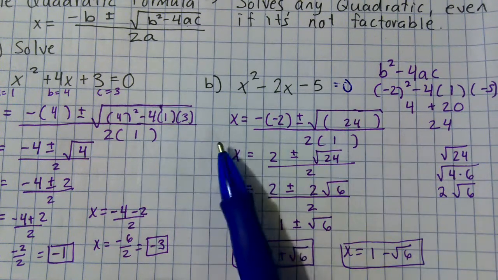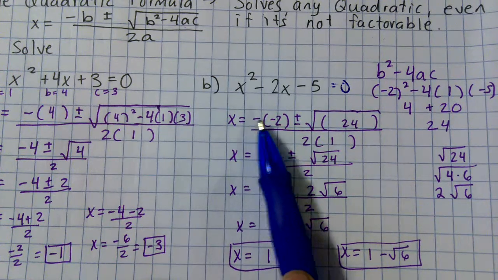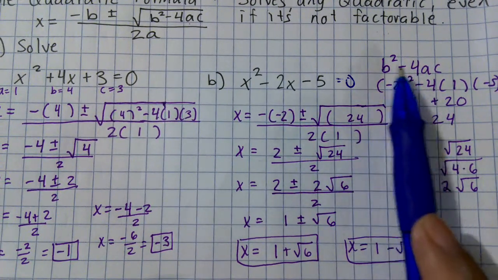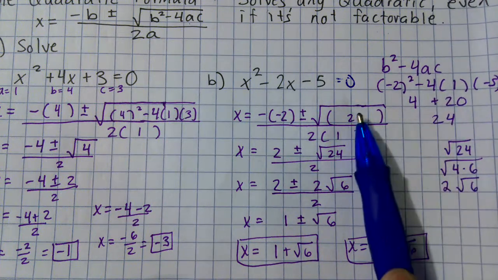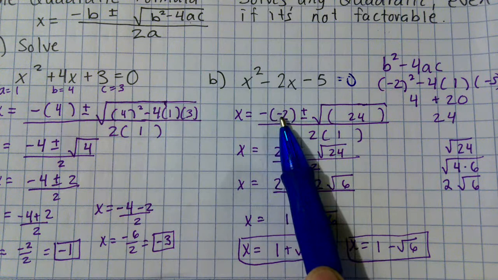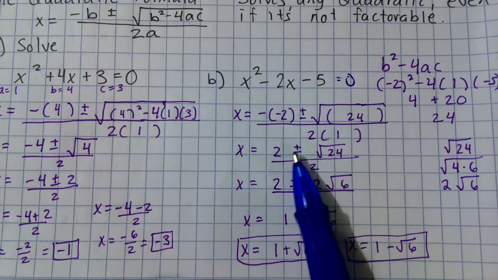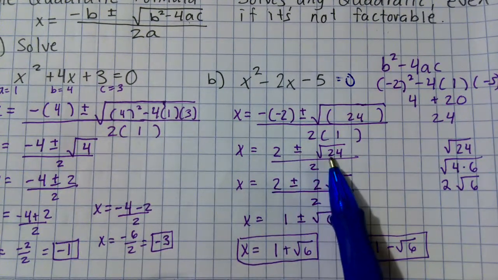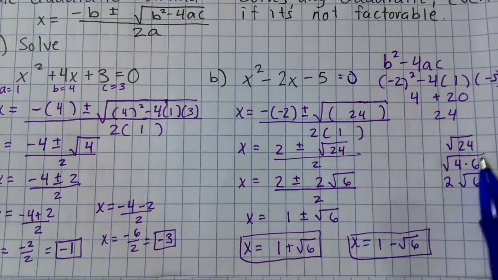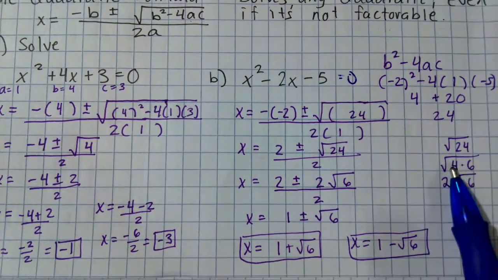Let's do the quadratic formula now. x equals negative b plus or minus the square root of b squared minus 4ac, which we already did, it was 24, all over 2a. So we simplify. Minus a negative is a positive, so positive 2 plus or minus the square root of 24 over 2. We simplify the square root of 24, break it down into 4 times 6.